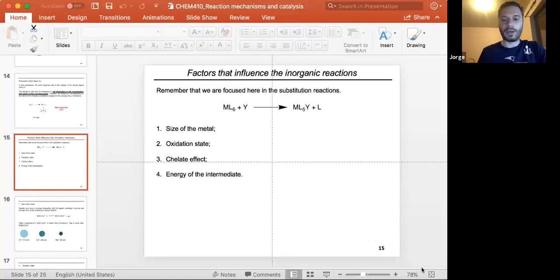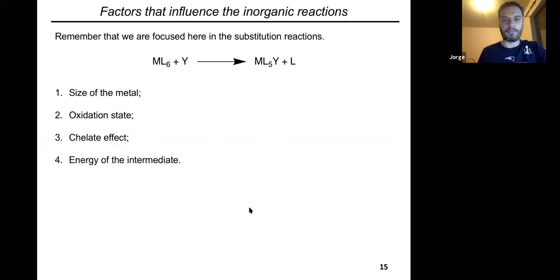Okay, so that was the point that we stopped last time. As I told you, we are going to study today the factors that influence the inorganic reactions, okay? Remember that we are focused here on the substitution reactions.